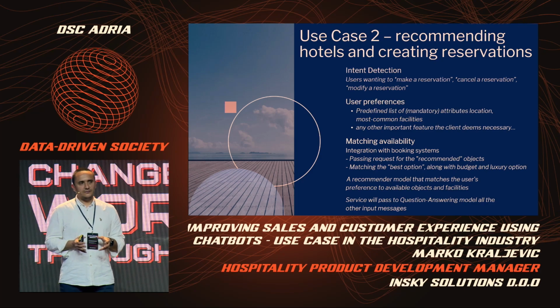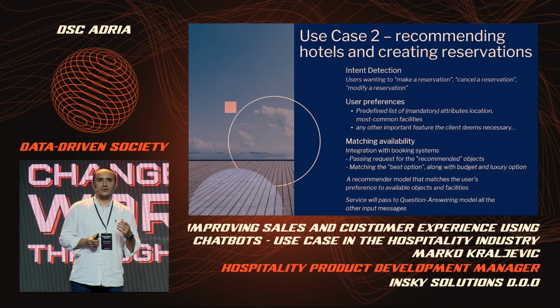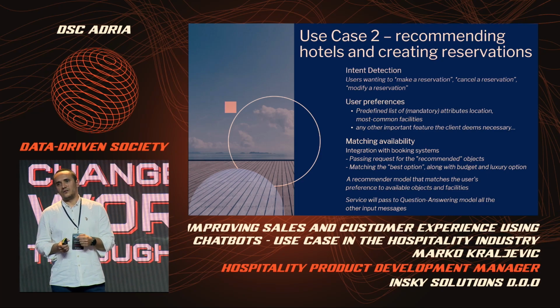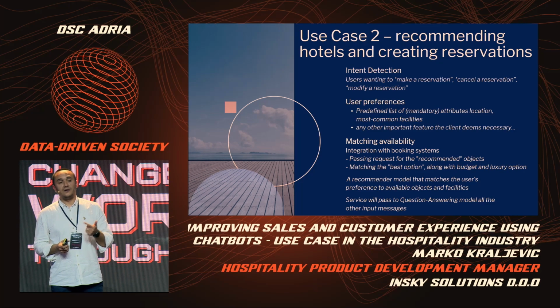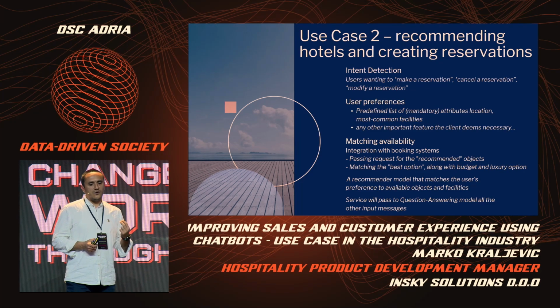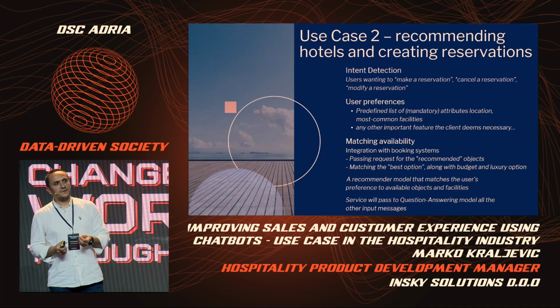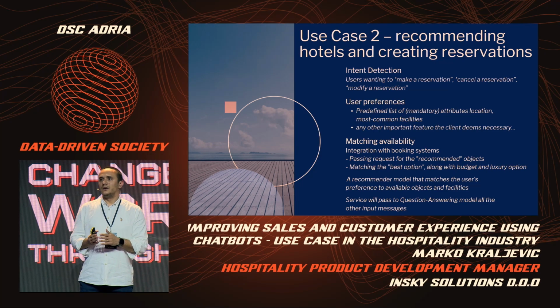This year, the focus in the hospitality industry is on 3 things: AI, big data analytics, and the Internet of Things. The focus on data in the hospitality industry is higher than ever in history.